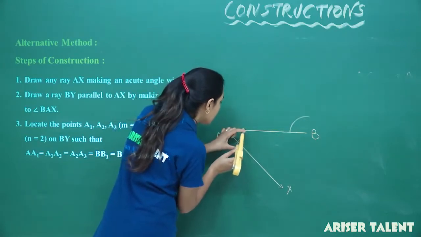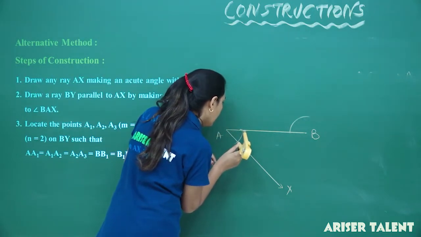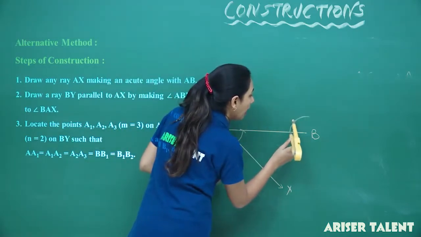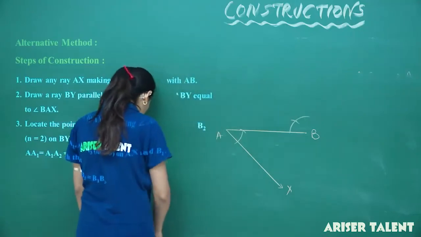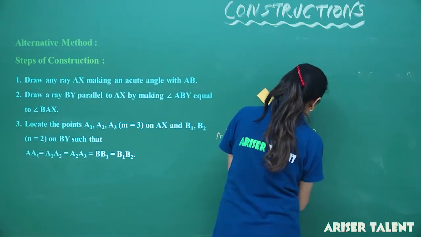Now I will measure this. Okay, right, now I'm getting the same point. So I will cut that arc and meet that point with B.